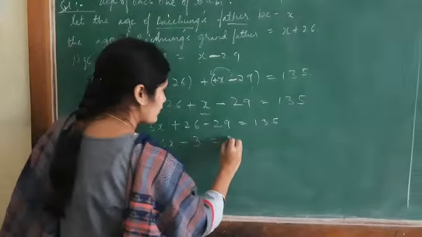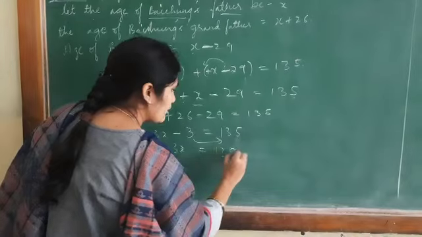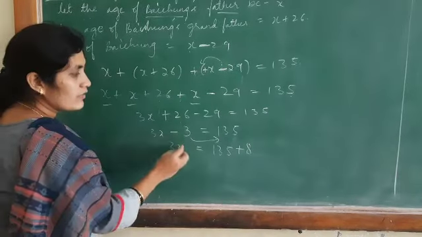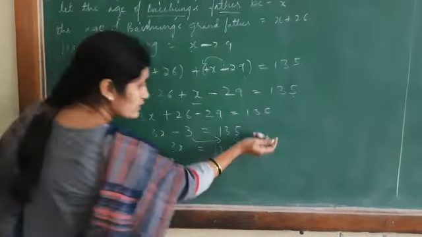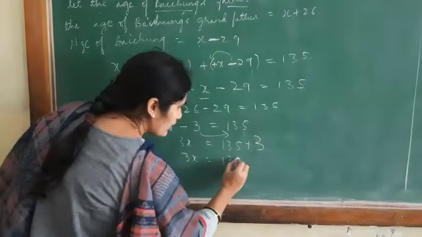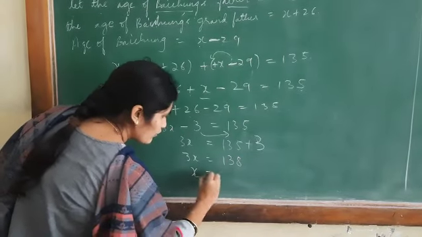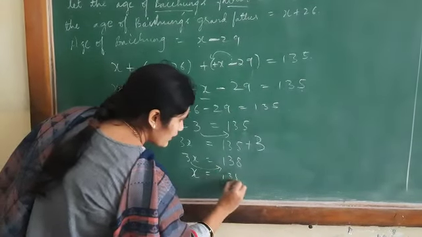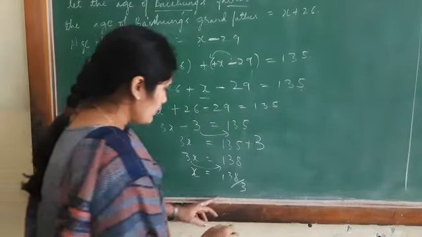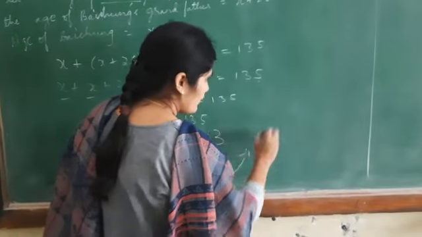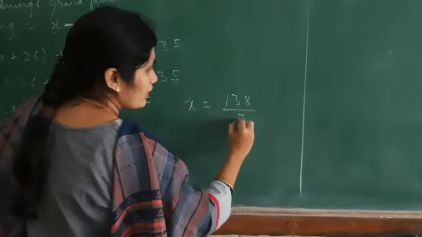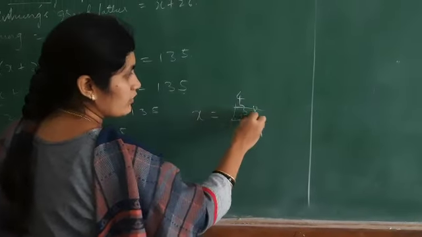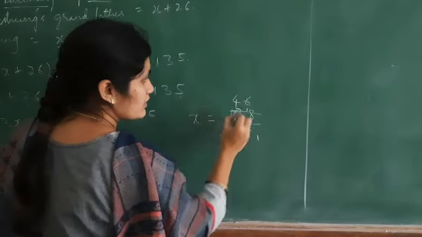3x is equal to, transposing the constant here, 135 plus 3, once it is transposed to the RHS it becomes plus 3. So 3x is equal to 138. Now x is equal to 138 by 3. 3 4s are 12, 18 remains here, 3 6s are 18.